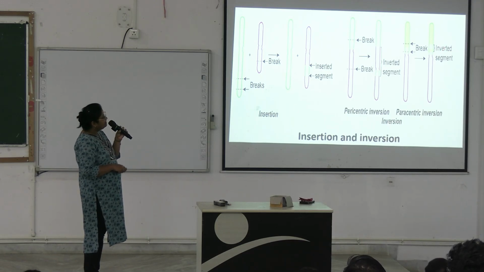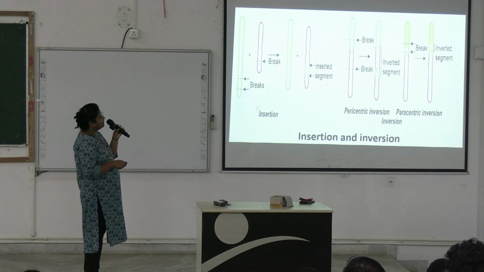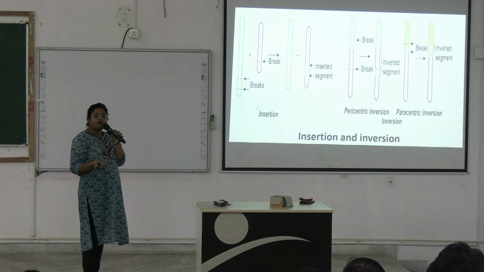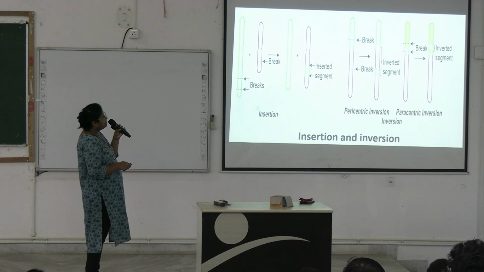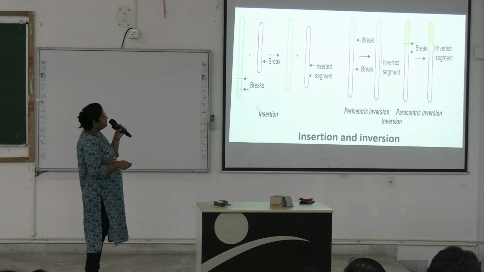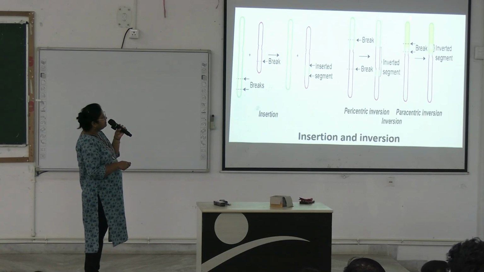And in paracentric inversion, the two break points are lying on the same arm, in the short arm only. It is not involving the centromere and also not involving the long arm. And this small segment is inverting 180 degrees and joins with the same chromosome. Okay, understood? See here, this part is represented yellow and this is white.